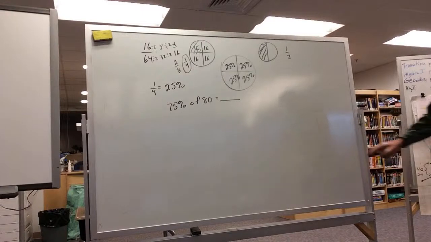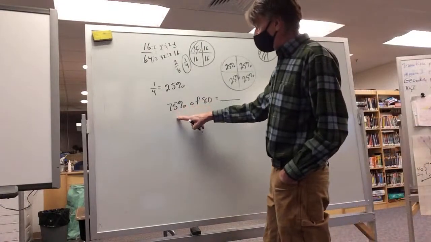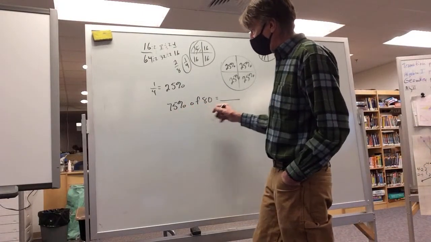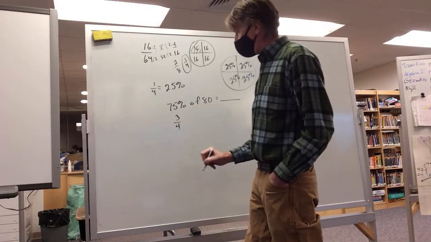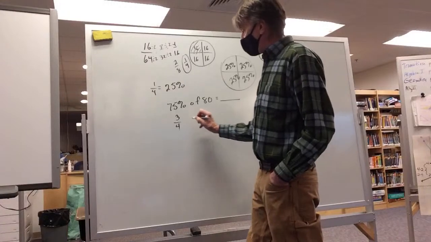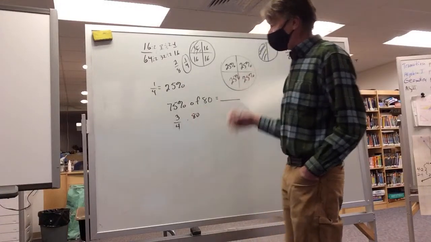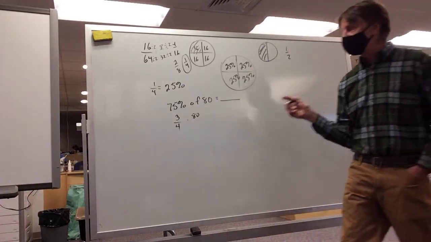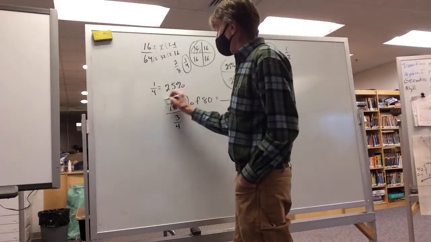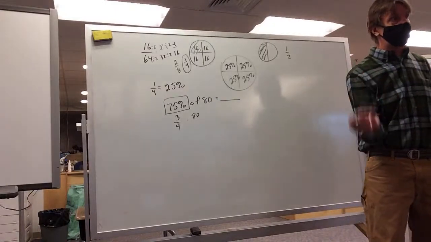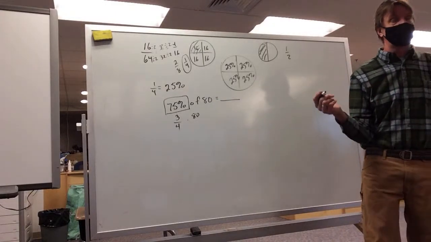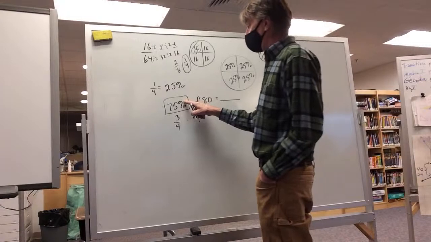You change this either to a fraction or a decimal, and you multiply it by 80. If you change it to a fraction, that's the same as 3/4 multiplied by 80. But they want us to do this one in our head because this is one of those commonly used percents, like 10% or 25%. This is a multiple of 25s.